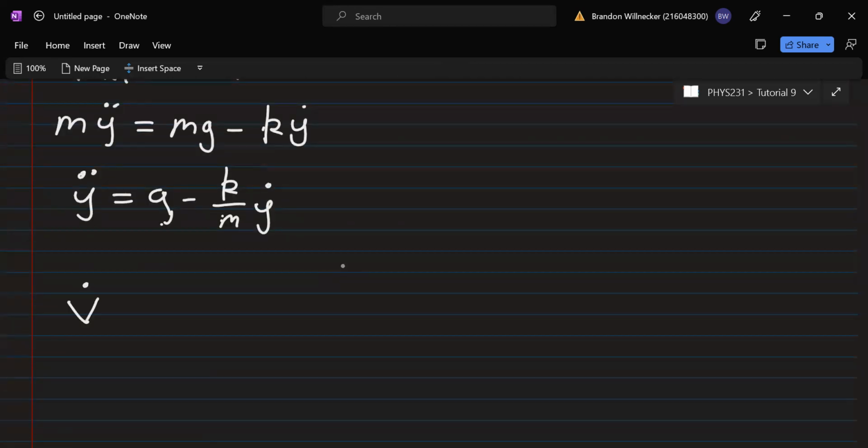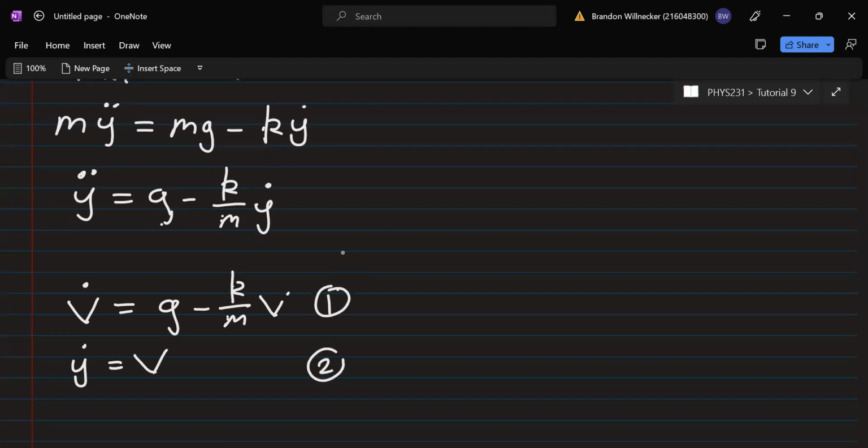So v dot is g minus k over m v, and y dot is v. So we have two first order differential equations that we can then solve using the Runge-Kutta method.